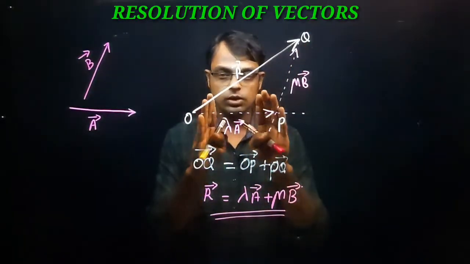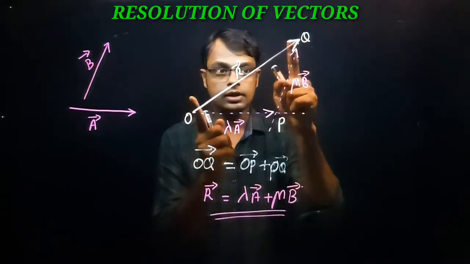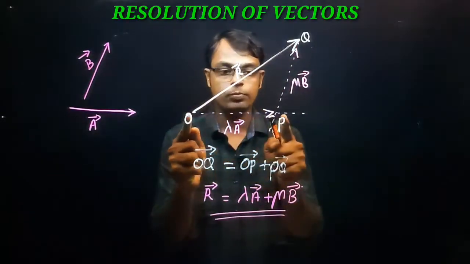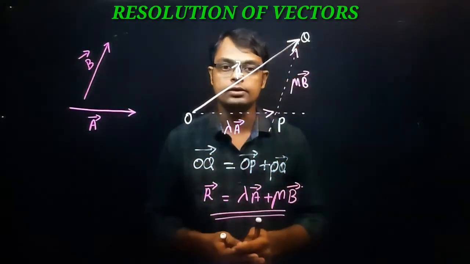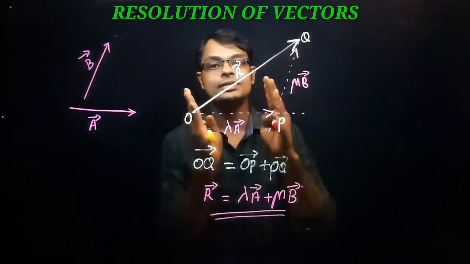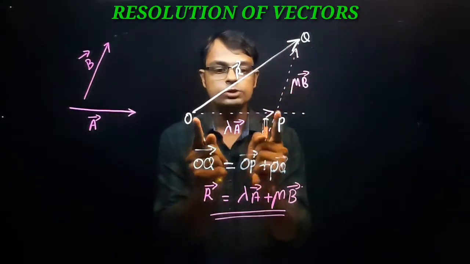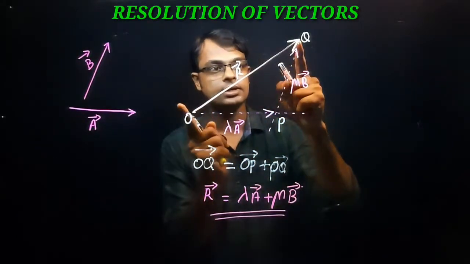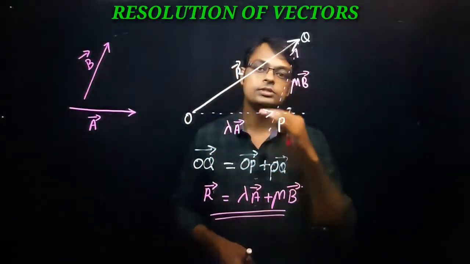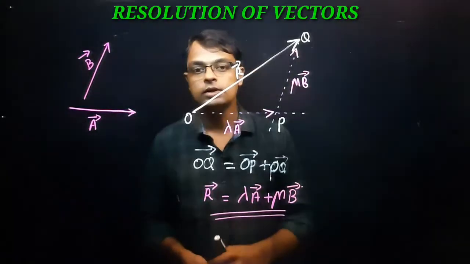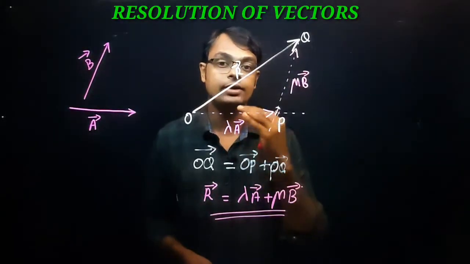It's already given only one vector, R vector. Now we have resolved it into OP vector and PQ vector, but the combined effect is the same as the given vector. Correct? The combined effect of these two vectors is the same as the given vector. So this is the simple explanation for what resolution of a vector is.